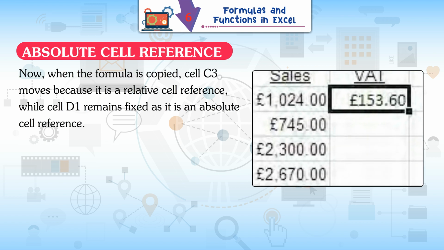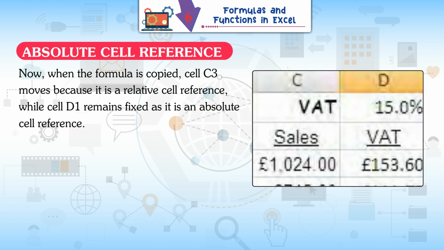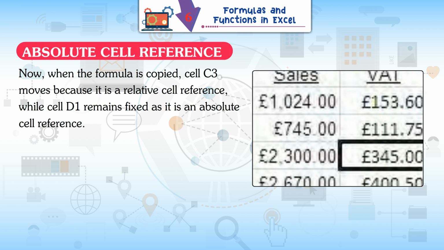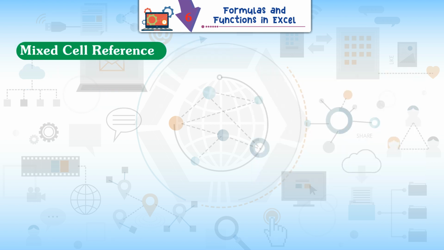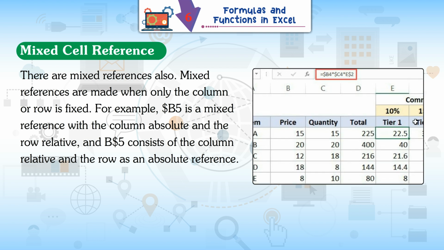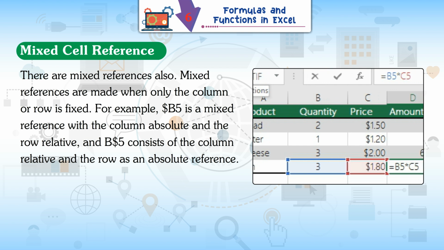Now, when the formula is copied, cell C3 moves because it is a relative cell reference, while cell D1 remains fixed as it is an absolute cell. Mixed cell reference. There are mixed references also. Mixed references are made when only the column or row is fixed.